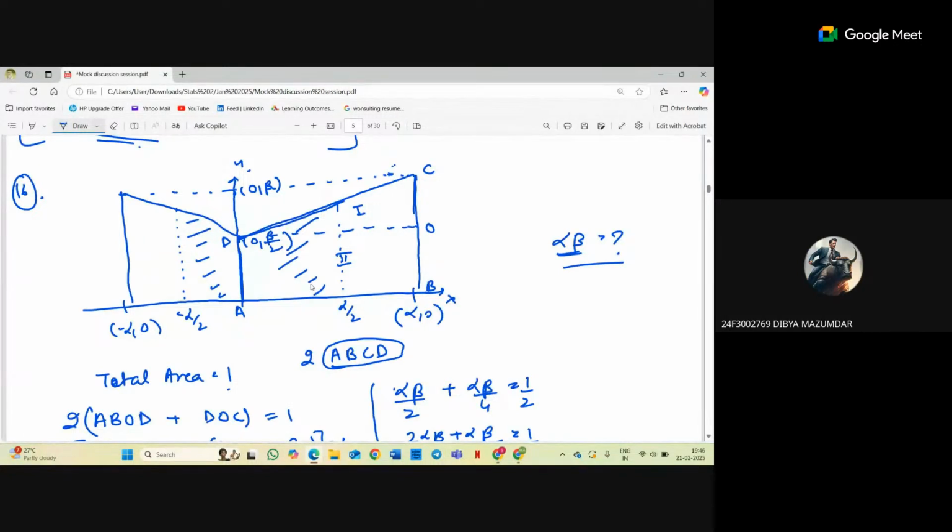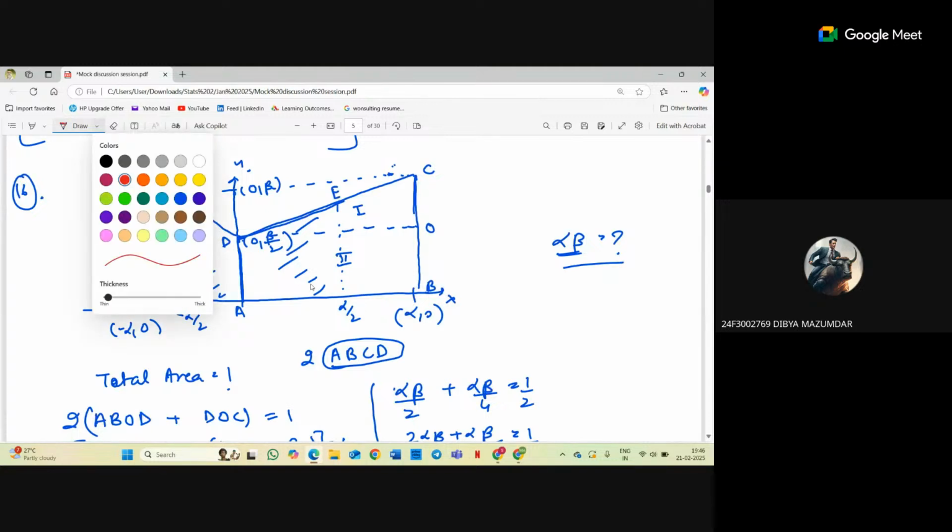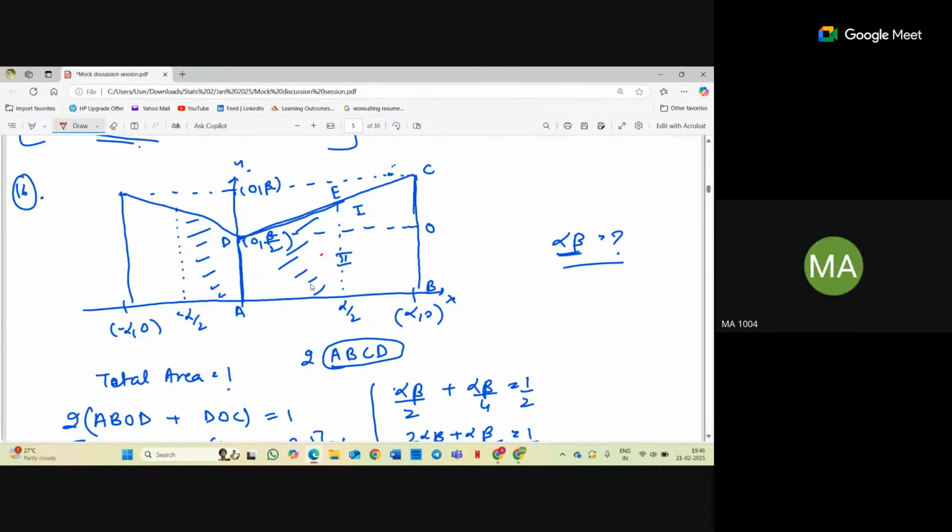Yes, ma'am. Which area? This is denoted in another color. So you have to find out this one. Let's say this is A, D, E, F, G. So I have to find out the area A, D, E, G, and double it.